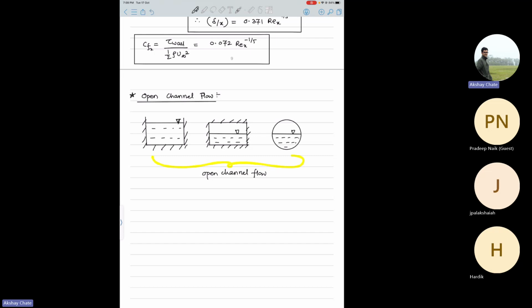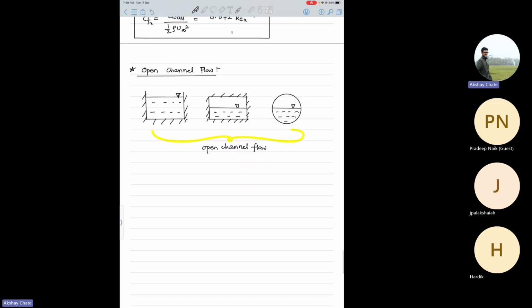So then frictional force and the pressure gradient force become the dominant forces. But in case of open channel flow, gravity force and the frictional force are the dominant forces governing the open channel flow.